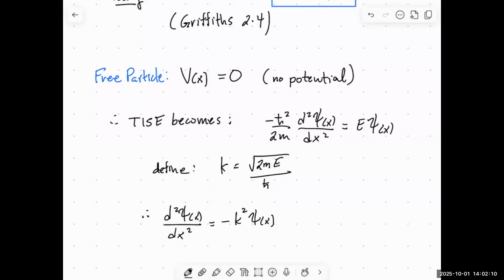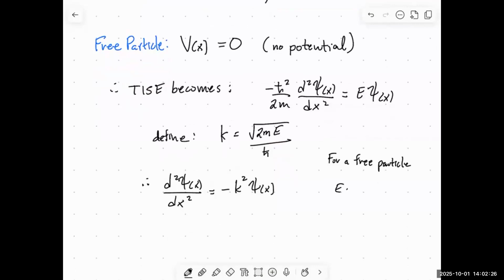Before we do that, let's interpret the meaning of k. For a free particle where the potential is zero, its only energy can be kinetic energy. Kinetic energy is p squared over 2m.